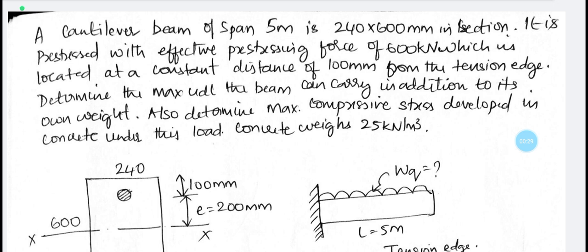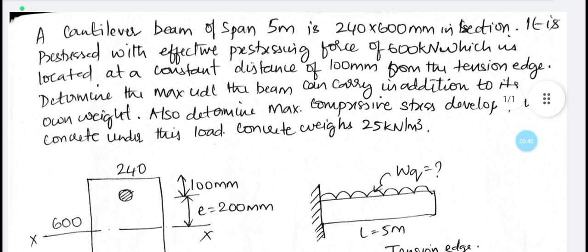So firstly we need to understand that the given problem is a cantilever. If it is a cantilever beam, the behavior of the beam is totally different to that of the simply supported beam. In the case of the simply supported beam, the tension will be acting at the bottom edge and the compression will be acting at the top edge.